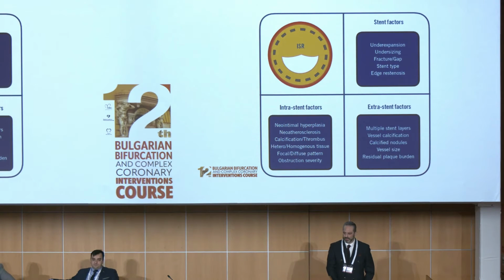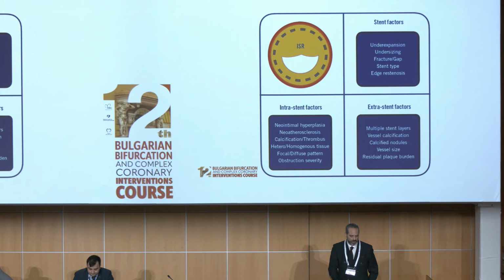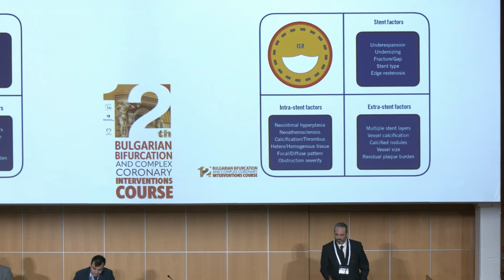In-stent restenosis obviously has factors at multiple levels. Stent factors, and HIV gives us very clearly which are the stent factors involved: under-expansion, sizing, fracture, whatever. Some in-stent factors, which are the amount of neointimal hyperplasia and neoatherosclerosis, that in my opinion we shouldn't categorize as in-stent restenosis.